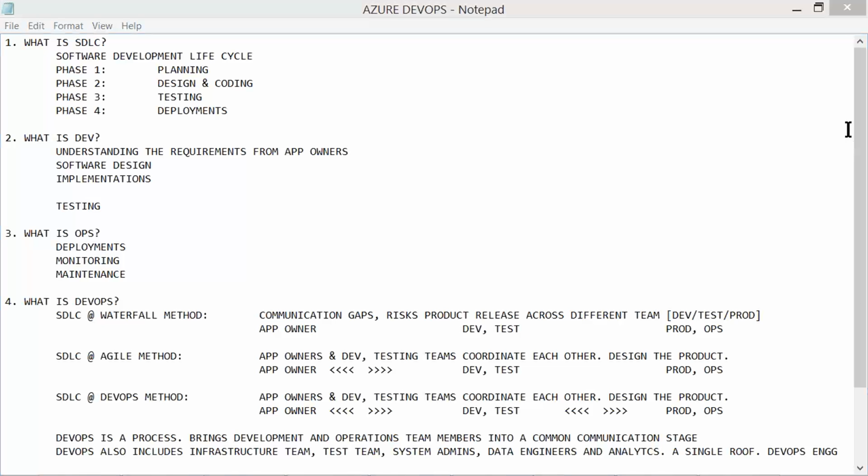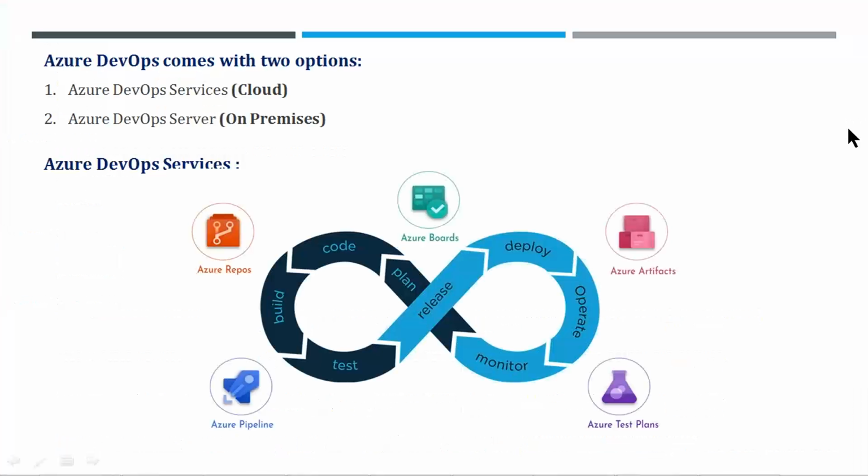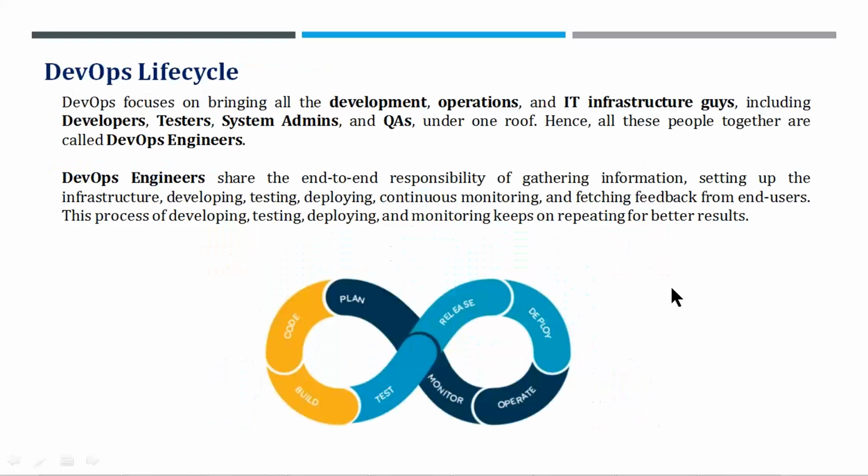Yes, to get some idea, let me just give you a small information on the screen. Something like this. Yep, this is more into Azure DevOps. Let me give you some regular DevOps activities.